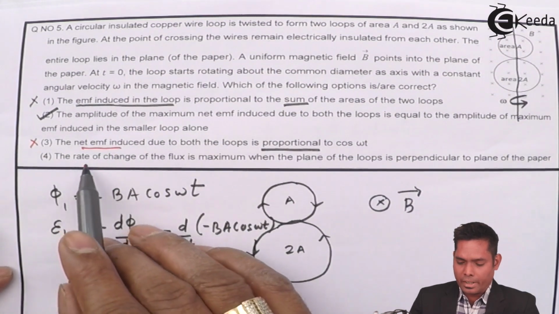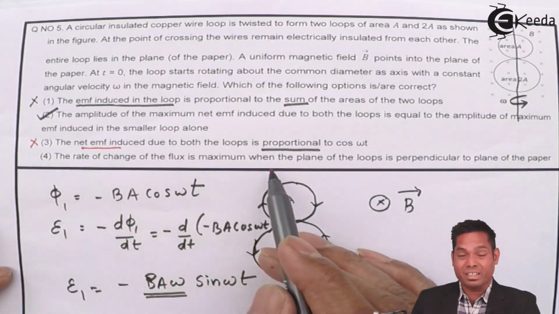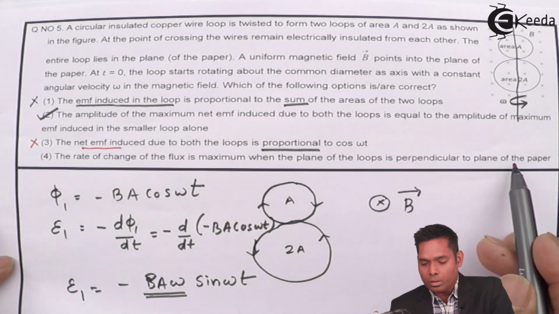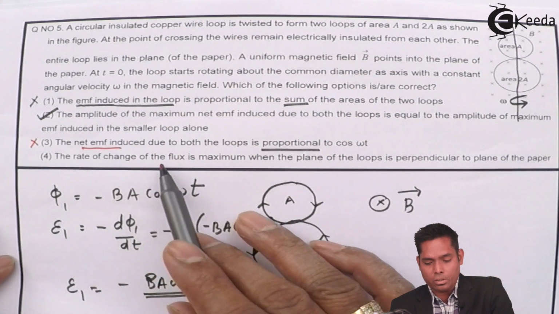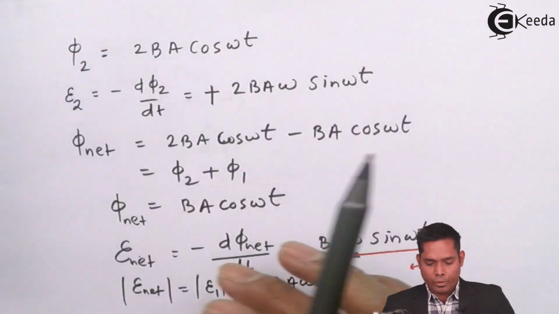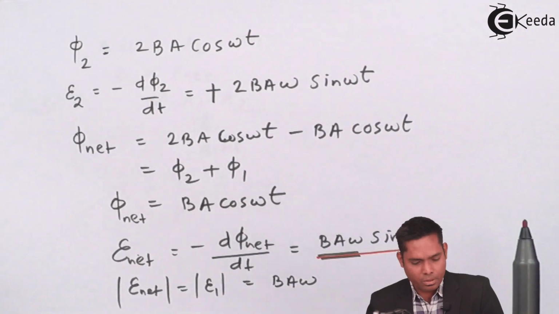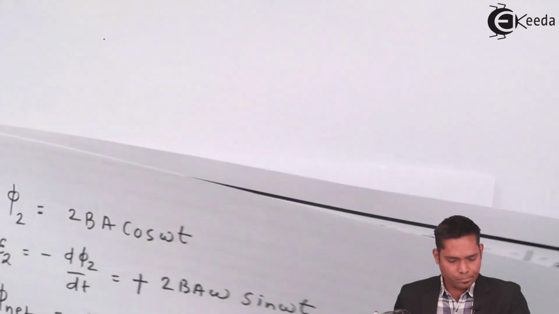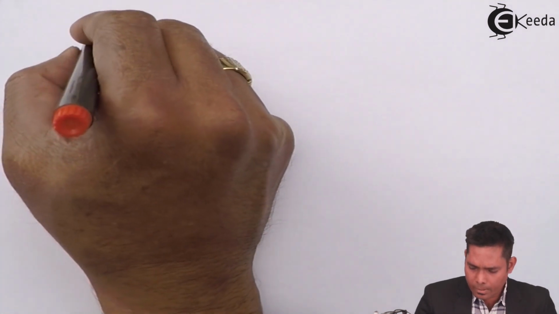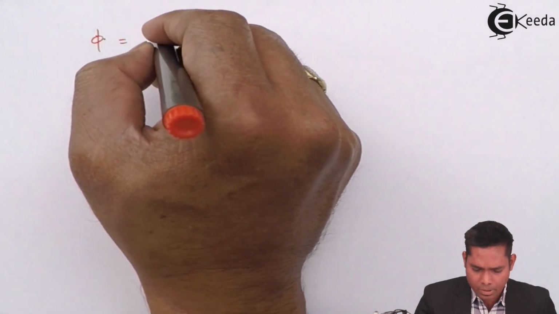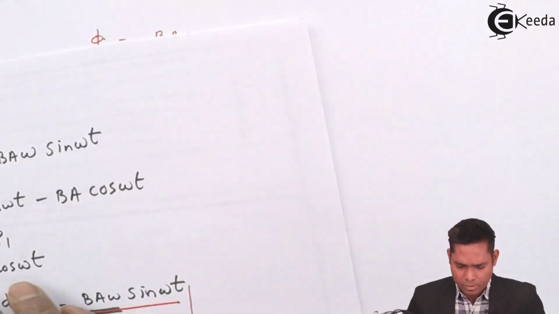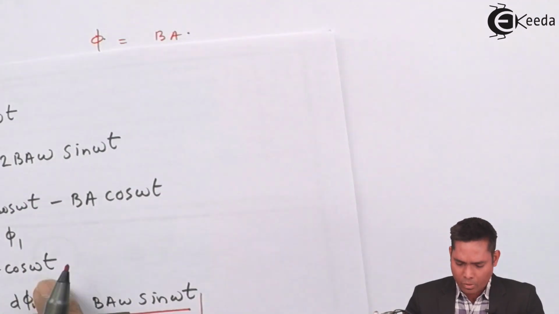The last one: the rate of change of flux is maximum when the plane of the loop is perpendicular to the plane of paper. So when is the rate of change of flux maximum? The net flux we have got is BA cos omega t.